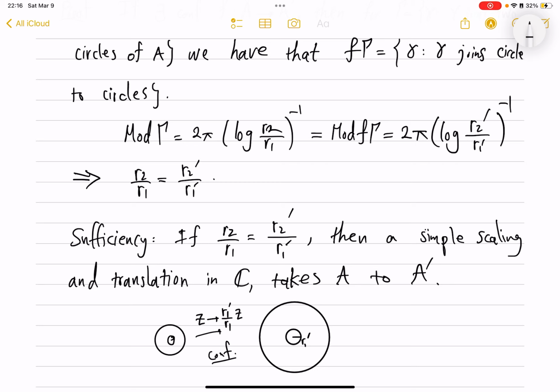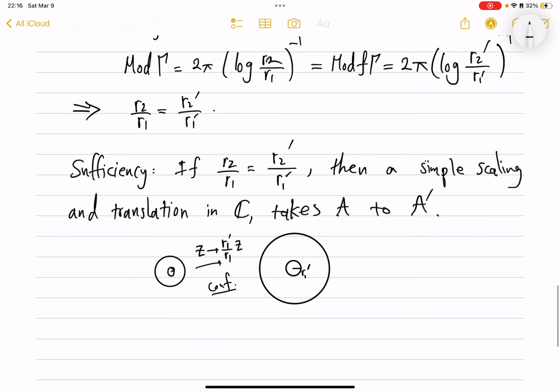But because the ratios are the same, it happens that the outer circle also overlaps now with the circle of radius r2 prime, so that this becomes a copy of A prime.